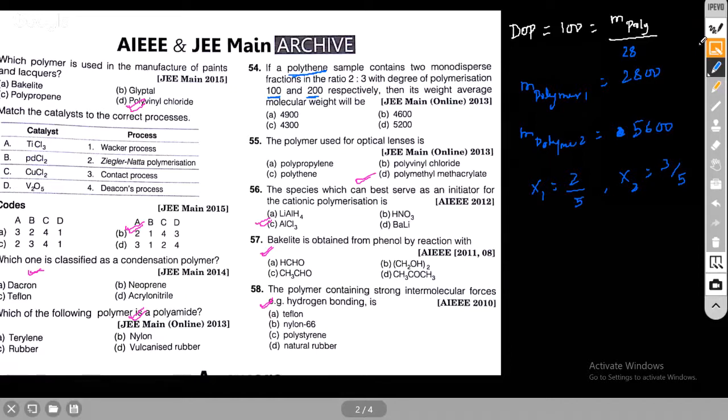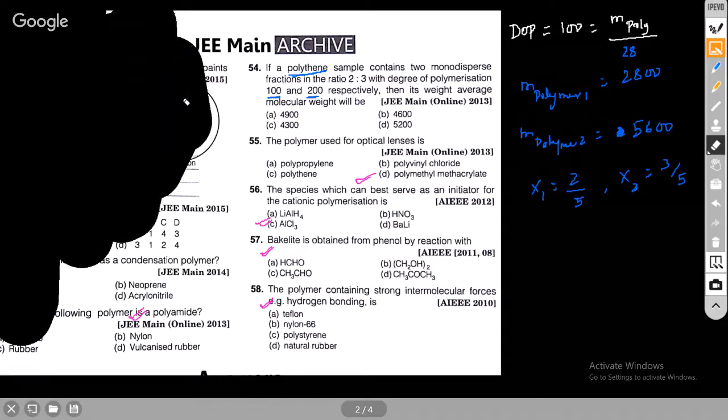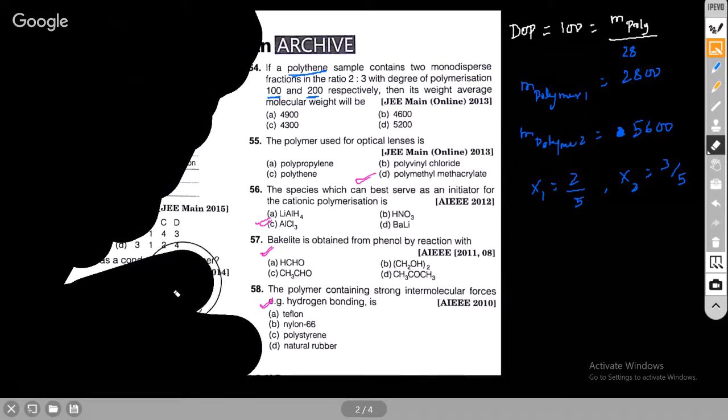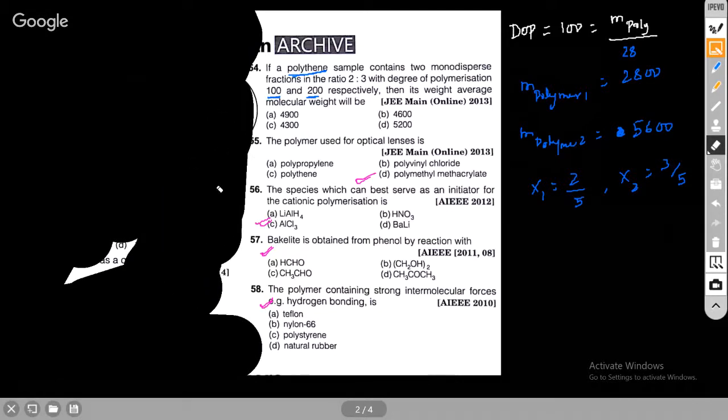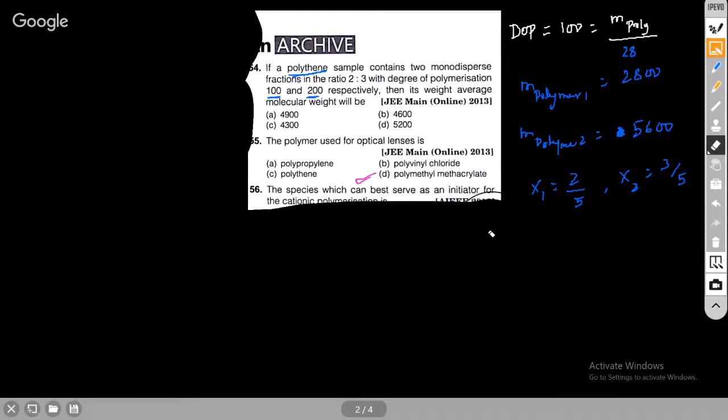Now we have to find out the weight average molecular weight.